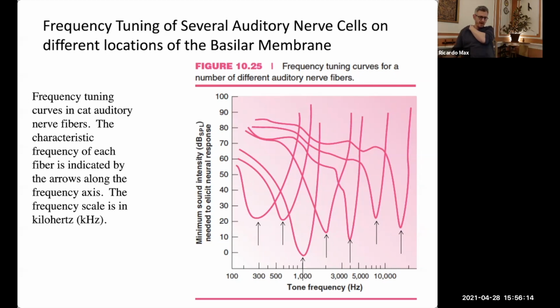Base or apex? Base. In the base, the envelope reaches its highest peak close to the base, and for low frequencies, the highest amplitude of the oscillation of the basilar membrane is close to the apex here. All right?